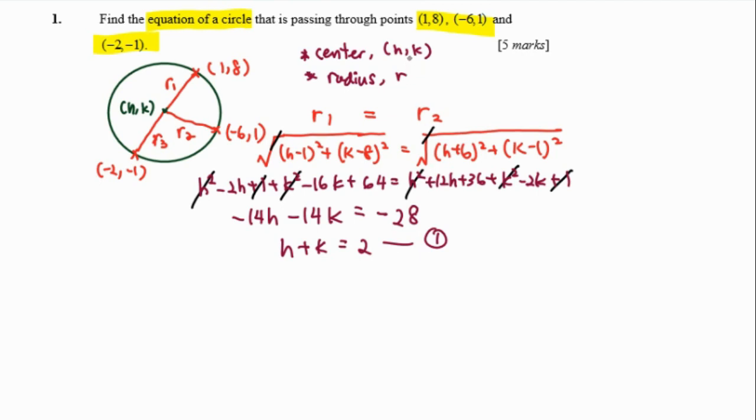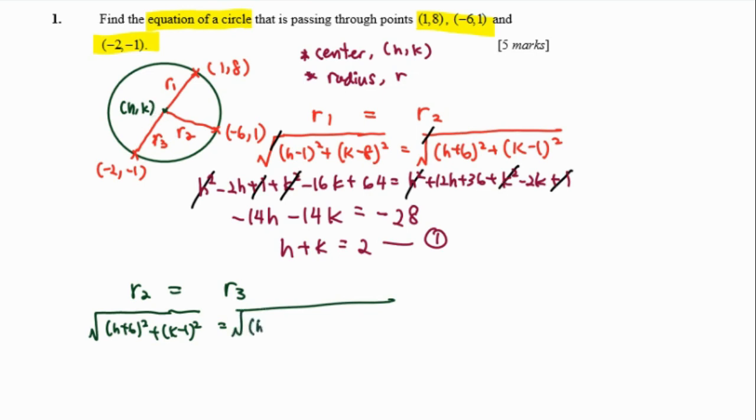In order to find two unknowns, we need two equations. For the second equation, we can let R2 equal R3, or you can let R1 equal R3. For R2, we will use what we have already calculated here. Meanwhile, for finding R3, we are also using the distance between two points. So we simplify our equation by squaring both sides. Our square root can be simplified.